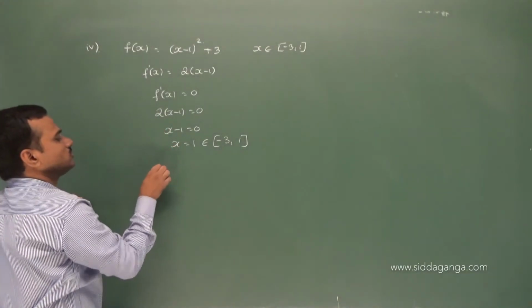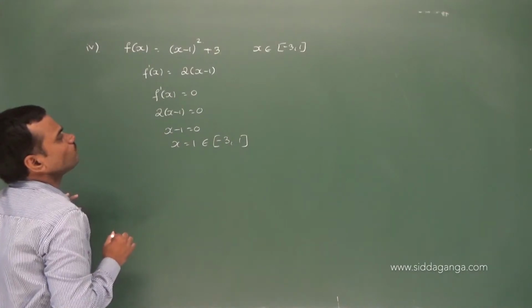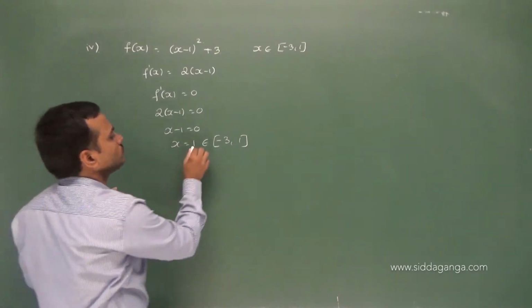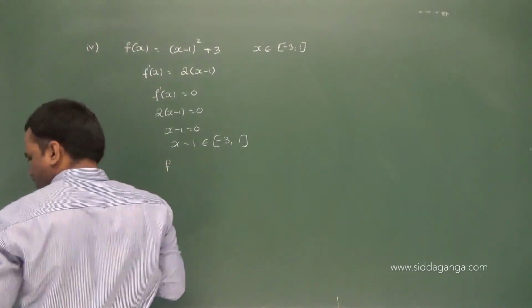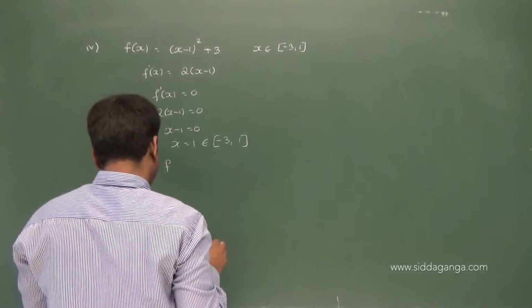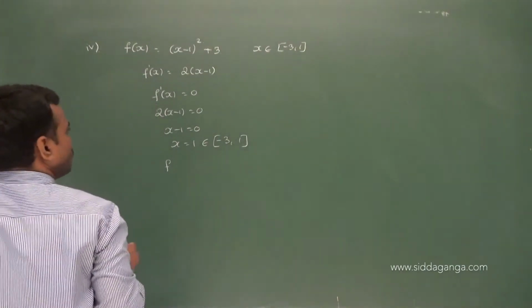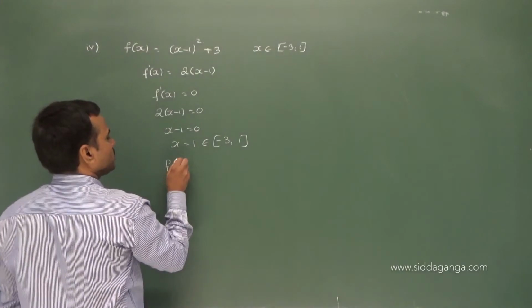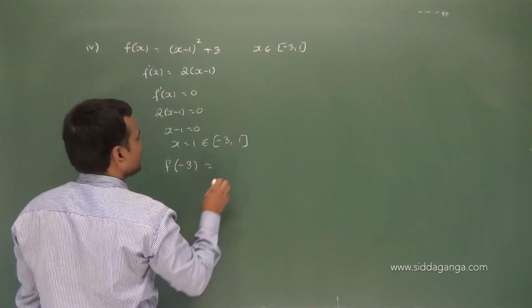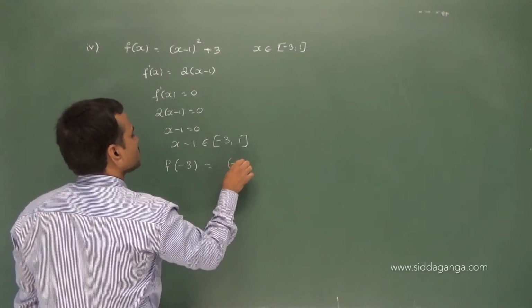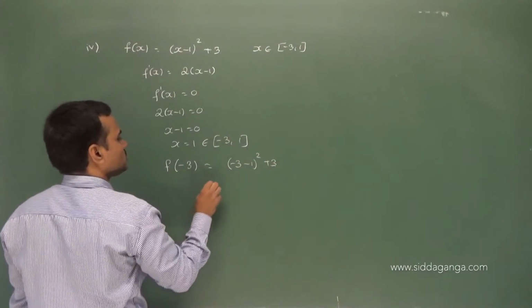Interval is minus 3 comma 1 only as given, no problem. Okay, only two values we got. f of minus 3: minus 3 minus 1 whole square plus 3, correct?